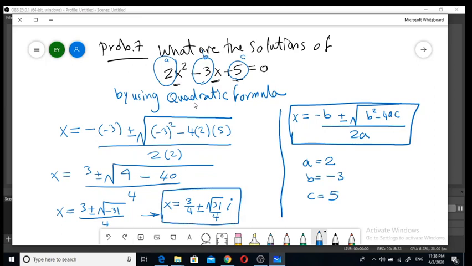So finally we have two solutions. X1 is equal to 3 over 4 plus square root of 31 over 4 I. X2 is equal to 3 over 4 minus square root of 31 over 4 times I.